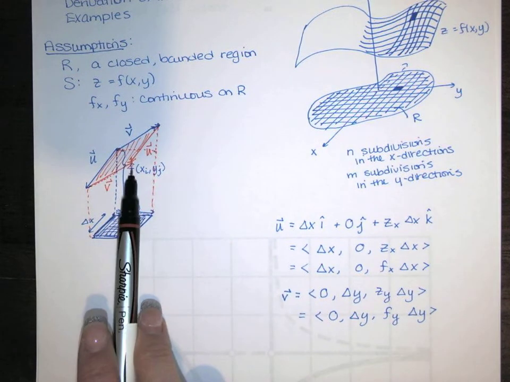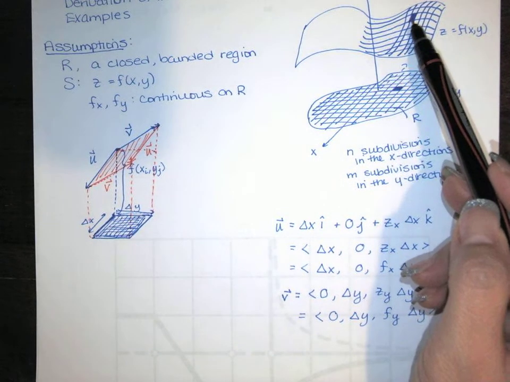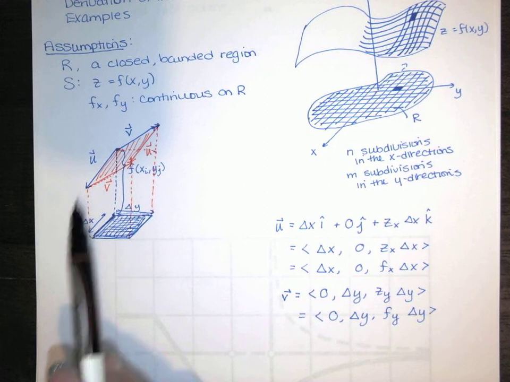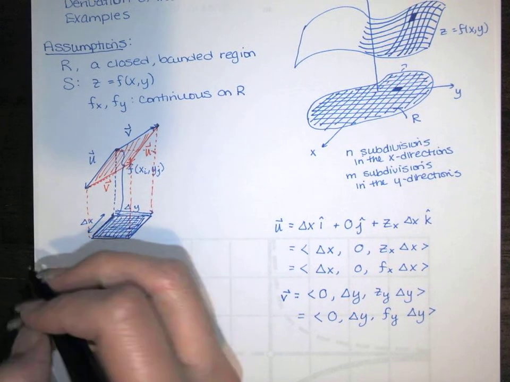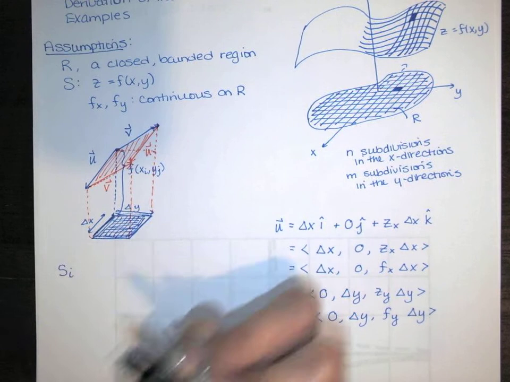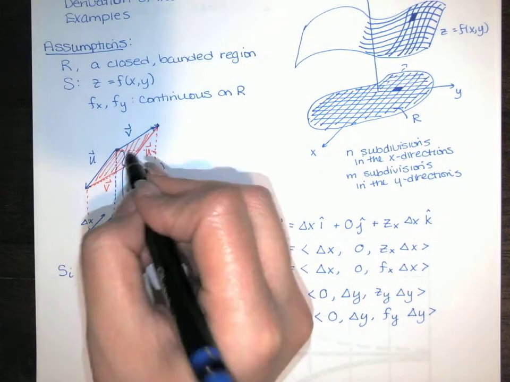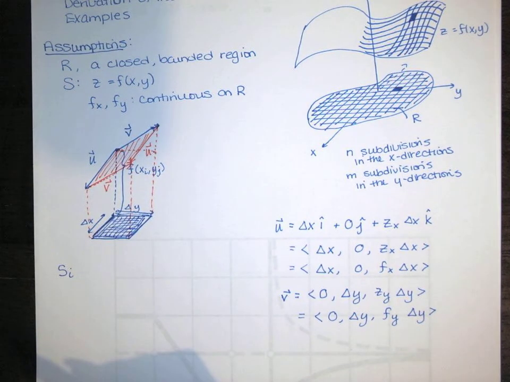The area of that parallelogram is going to be the approximate area of that little piece that's lying above that rectangle there in the xy plane. Now, they tend to use capital S for surface area. Capital S for surface.